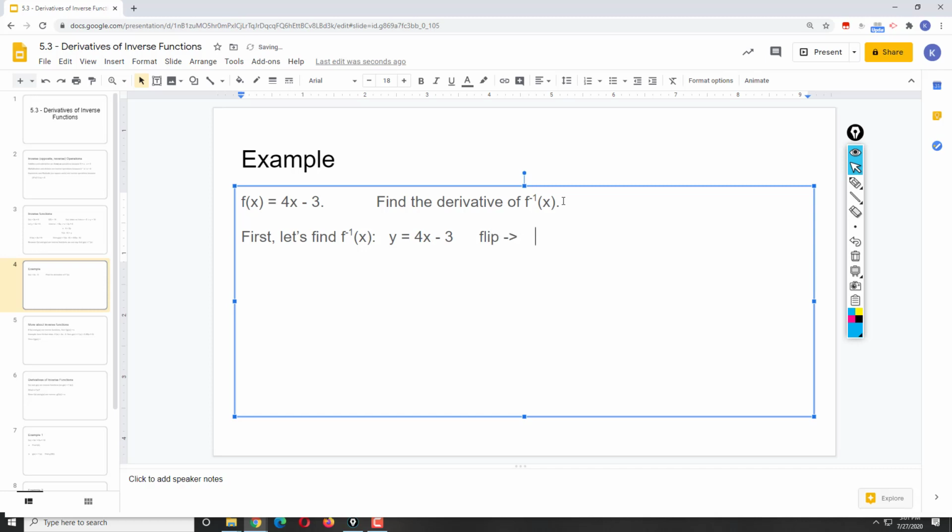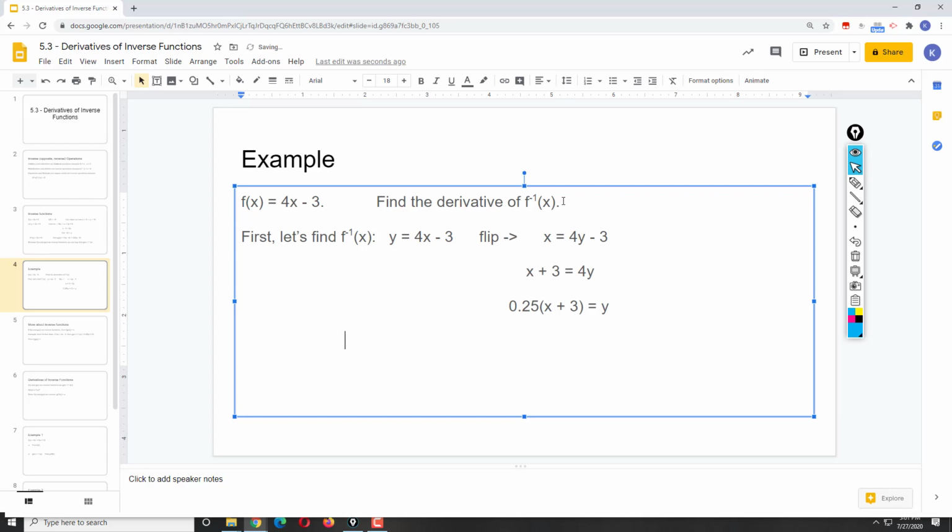Flip. When I flip it, I get x equals 4y minus 3. Now I solve for y, plus 3 on each side. Divide both sides by 4. 1 divided by 4 is 0.25. So y is 0.25 times x plus 3.